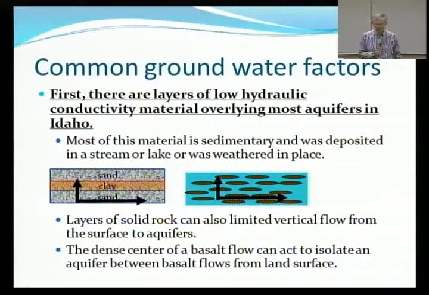And particularly the dense interior of a basalt flow is the dominant factor to isolate surface contamination to groundwater systems in northern Idaho. The two little drawings just show that even in materials that are identified as sand deposits or sand and gravel deposits, there's micro layering that will make the horizontal movement of water maybe 5 to 10 times easier than vertical movement. And that's shown by the length of the arrows.